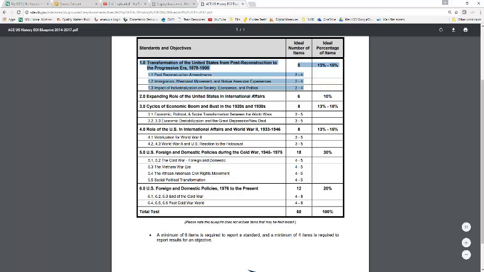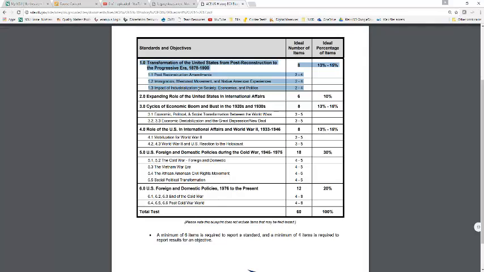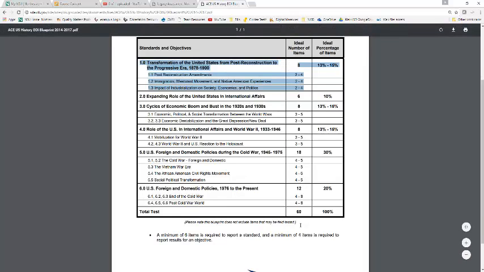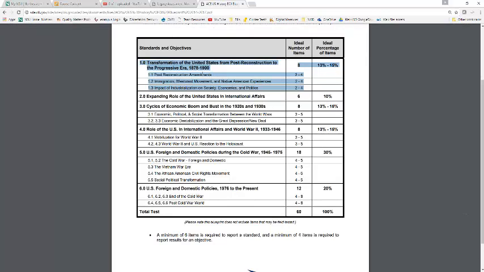You can see that we have 3 substandards under this. There are a total of 8 out of 60 questions on the state test from standard 1, which covers about 13 to 15% of the test. Now this is important because if you're an American history teacher, the first thing you see here is transformation in the United States from post-Reconstruction to the Progressive Era, 1878 to 1900.